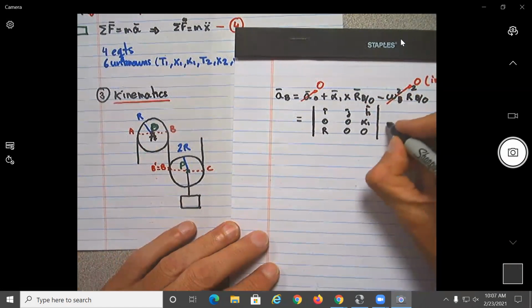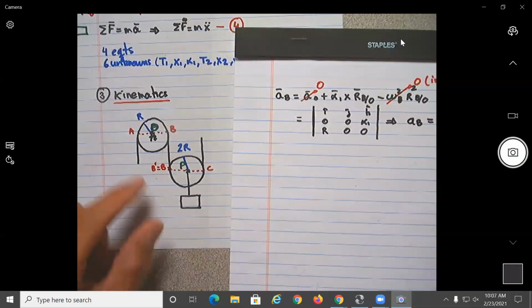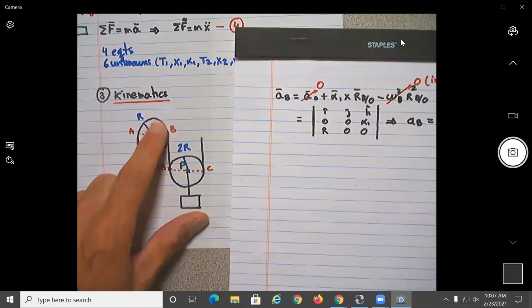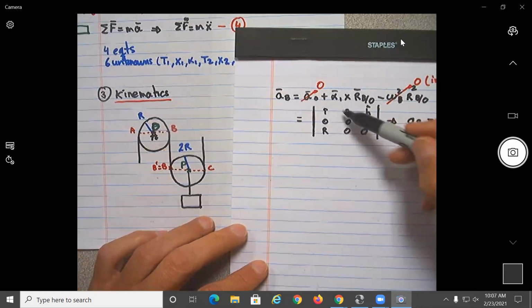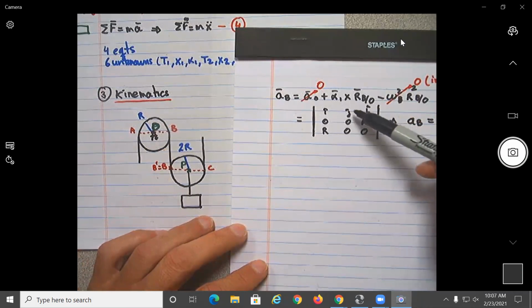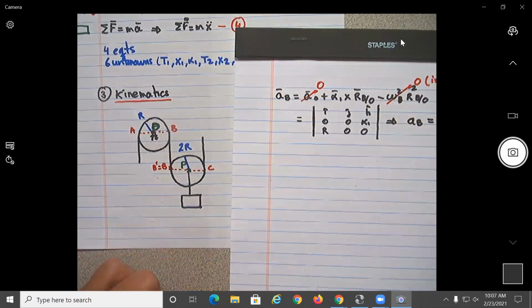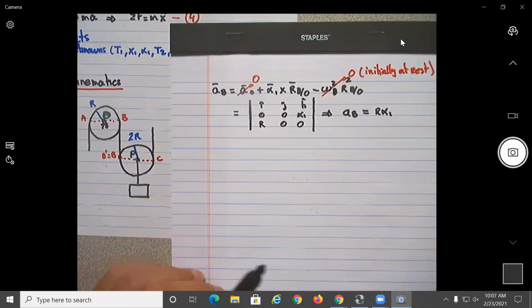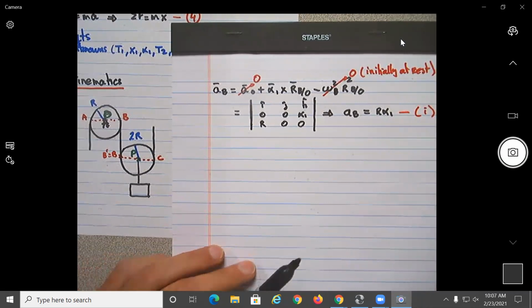So this will give you the acceleration of B. And if you think about it, the acceleration of B should be in what direction? In the y direction, no? What is the math going to give you? X will be 0, no? And the y will be equal to R alpha 1. Okay? And this will be your equation I.